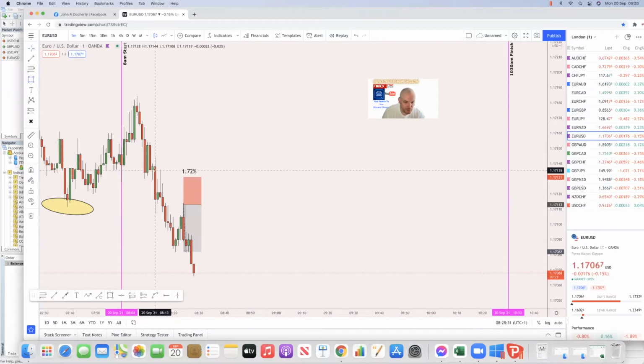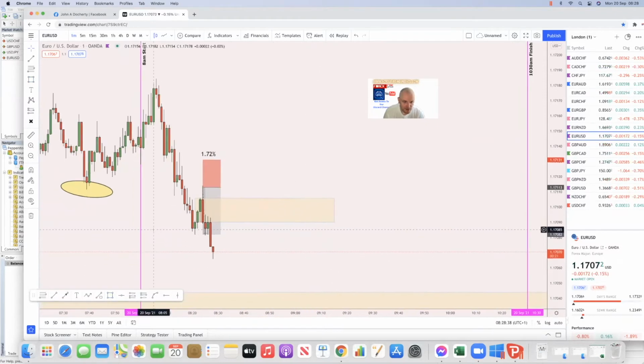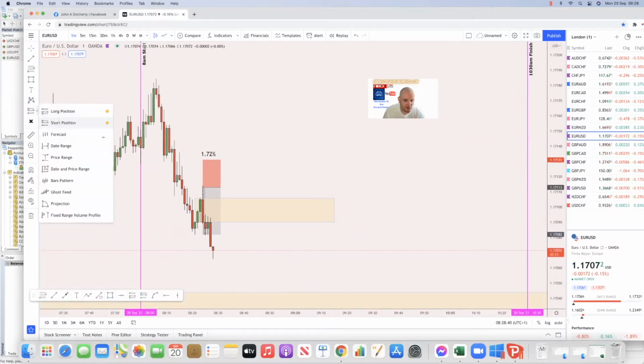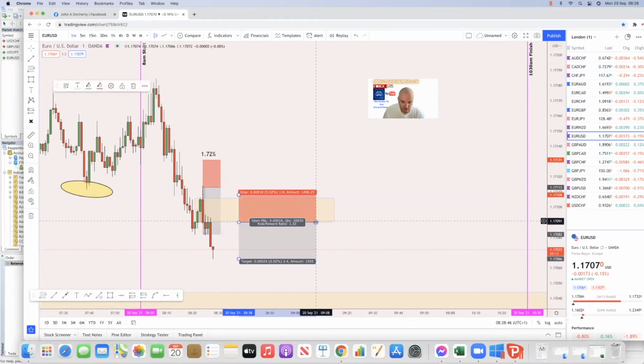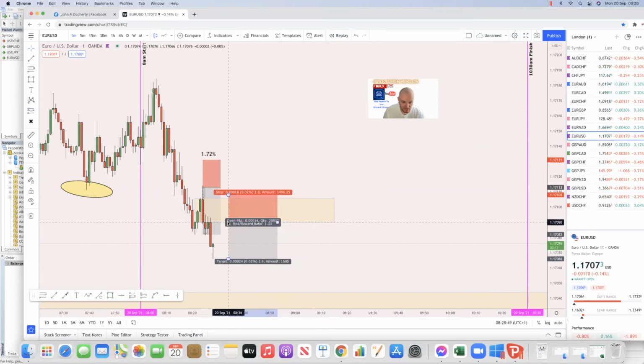So now what we've got is the block here. Okay. Let's just take a look. Short. A short entry. Let's get this along here. 1.33.